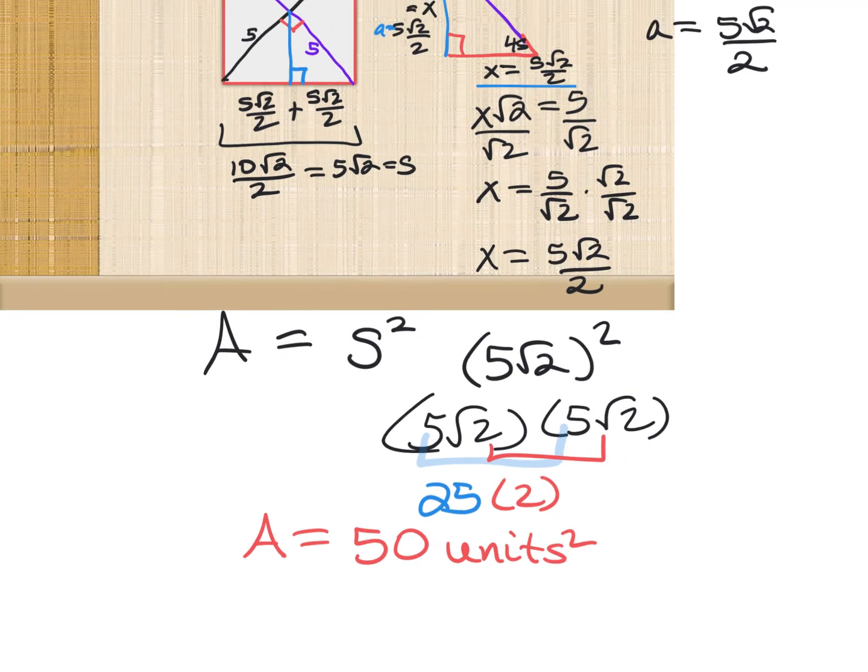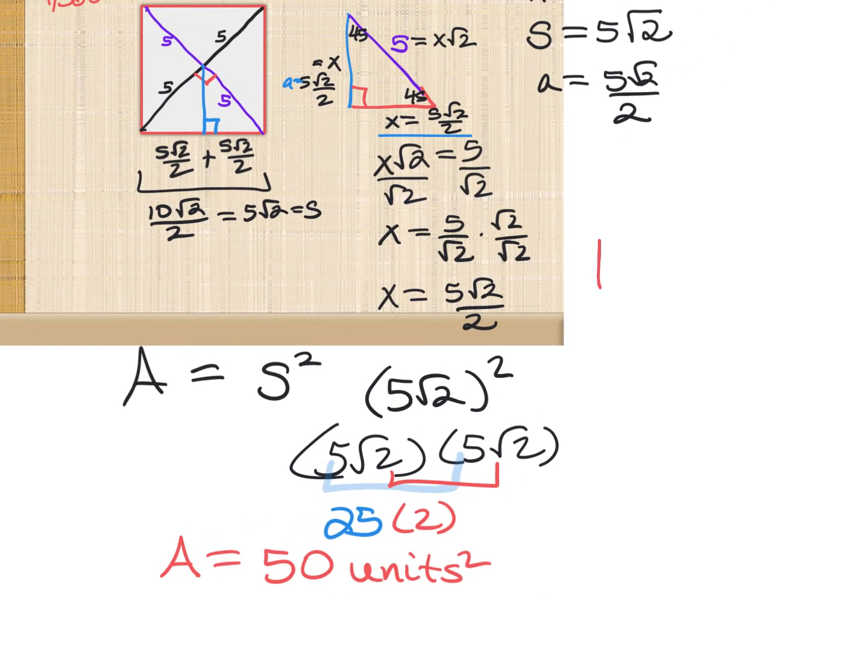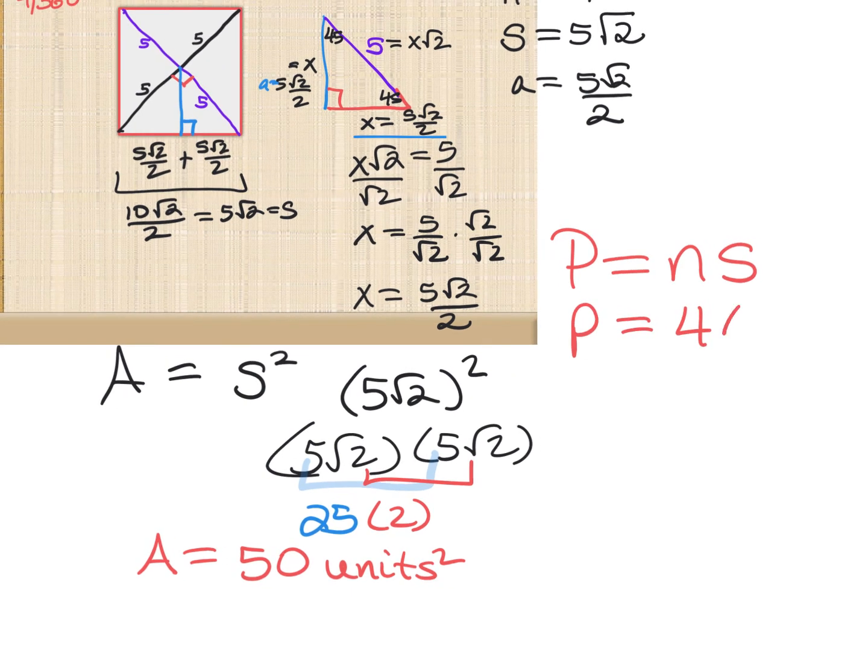For perimeter, I'm going to use the same formula. Perimeter is number of sides times the side length. So for the perimeter, 4 sides, the side length was 5 square root 2. So for the perimeter, it's going to be 20 square root 2, and these are units.